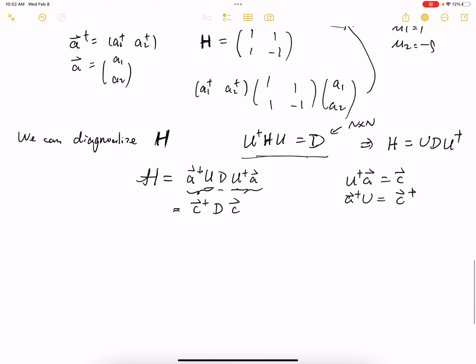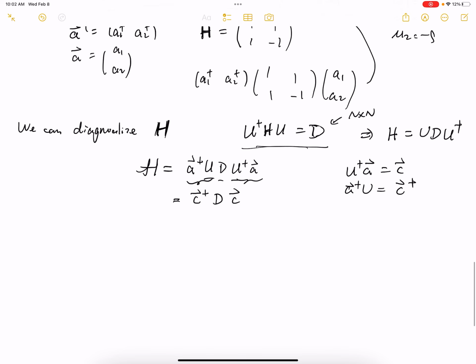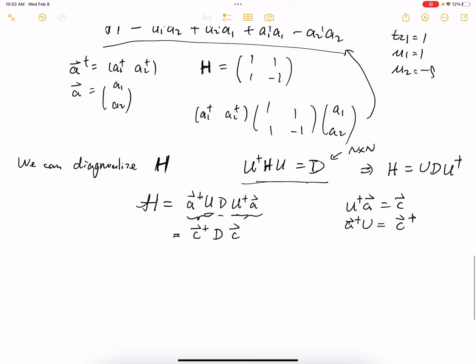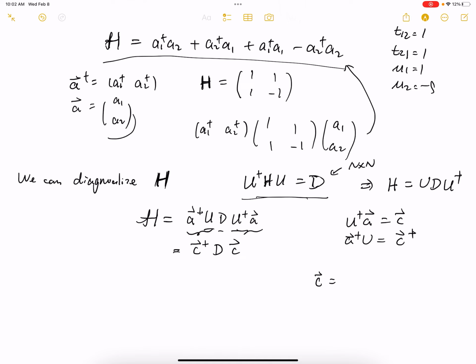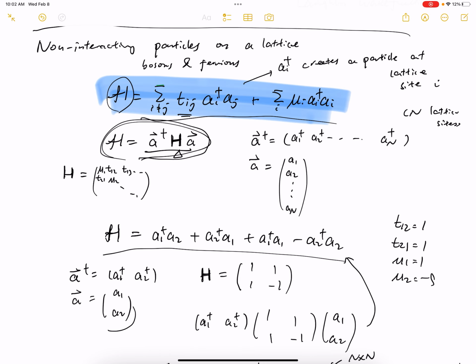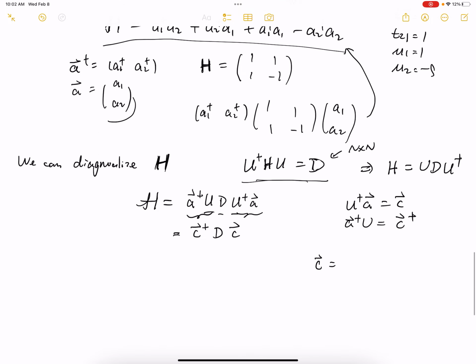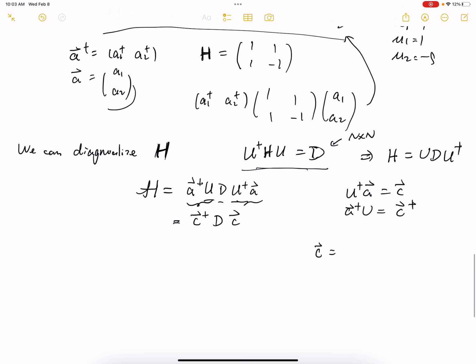So what do they actually look like? This again is a matrix-vector multiplication. You look at my C here, right? My A is made of these A1, A2, and so on. So this is my A here. I'm going to do a matrix-vector multiplication, so each of the elements will have a sum. I'm not going to write each element.